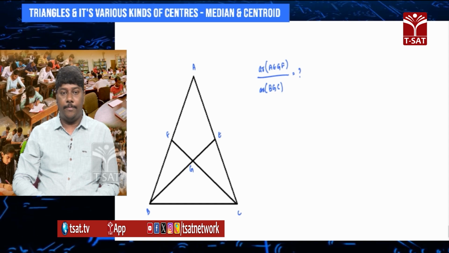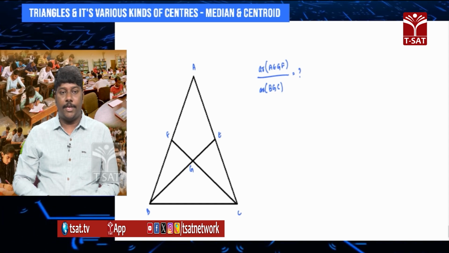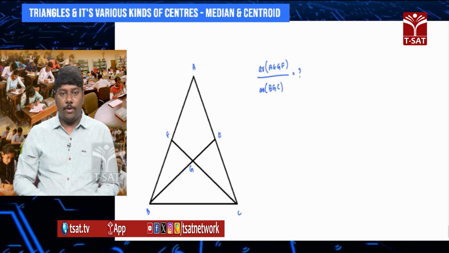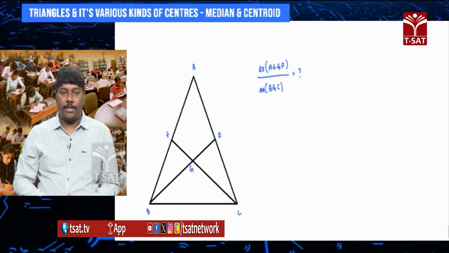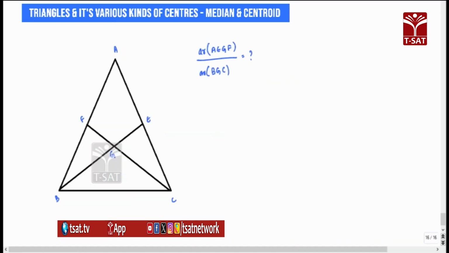Something like this is given, and in order to confuse you, they may say A is a right angle, or else this is a right angle triangle. We don't care whatever the triangle it is, but always remember, if I draw three medians, these three medians divide the entire triangle into 6 equal parts. So all the areas of these triangles you see here are equal.